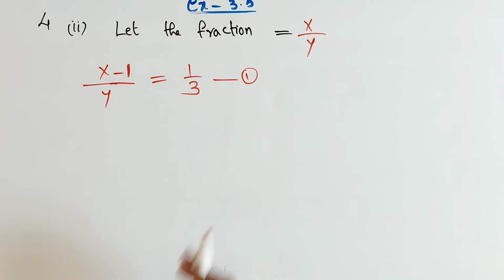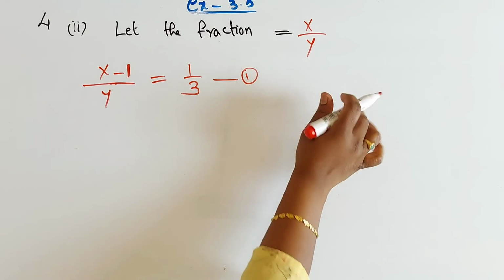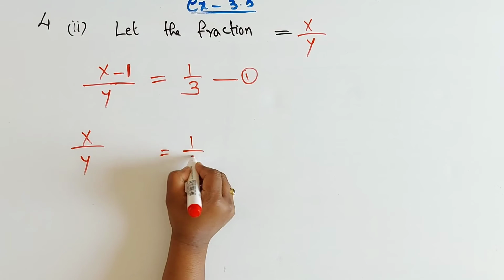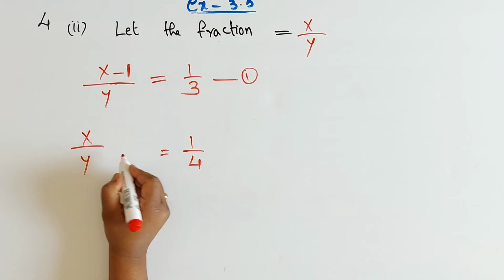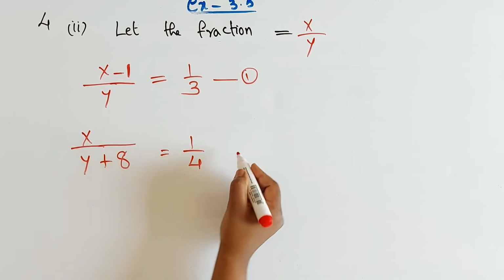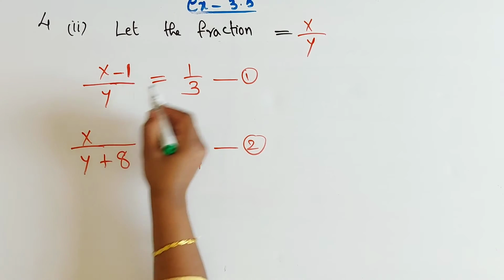Now what is the second statement, children? It becomes 1 by 4. So the same fraction becomes 1 by 4 when 8 is added to its denominator. What is the denominator here? Y. So we have to add 8. This is the second statement. Now send this 3 to the left hand side and Y to the right hand side.